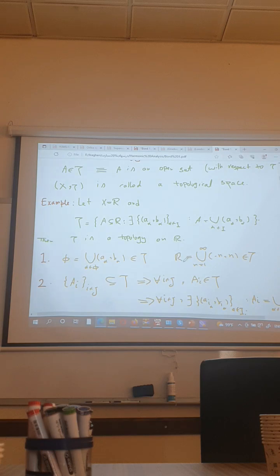And the whole of R equals this union. It is very trivial.